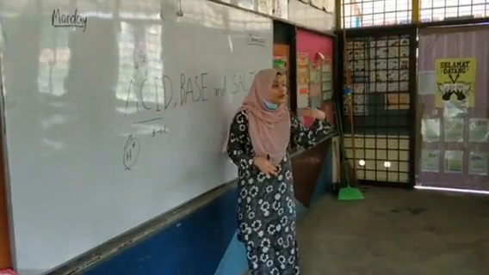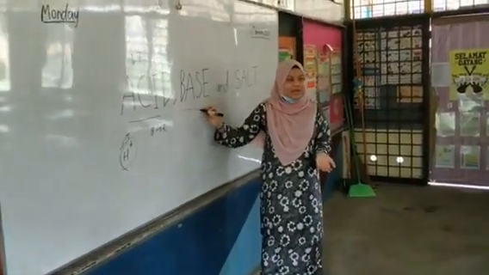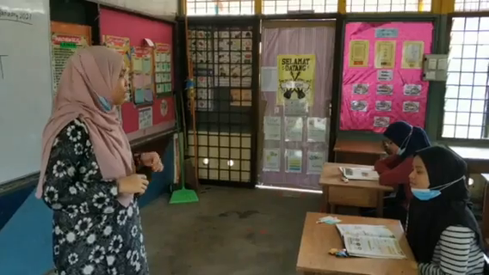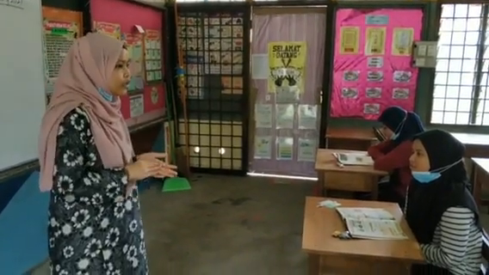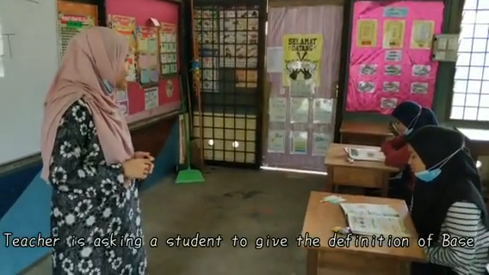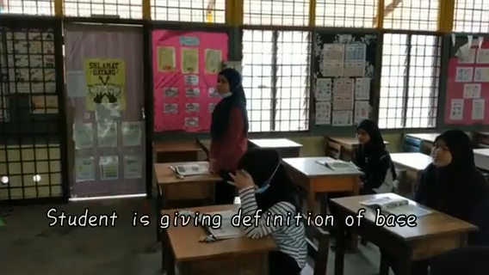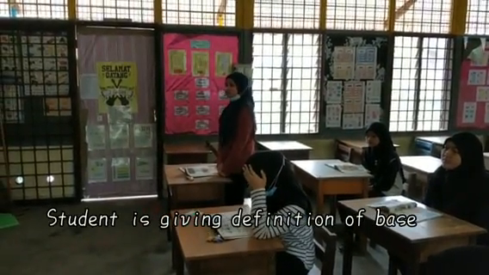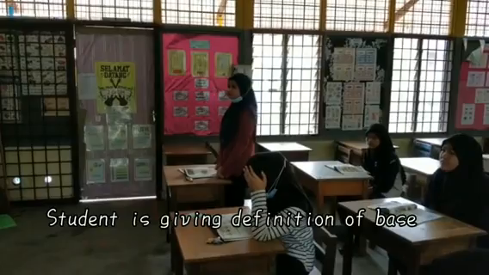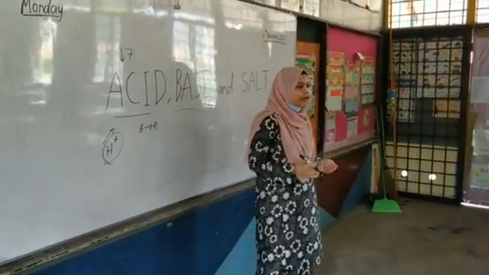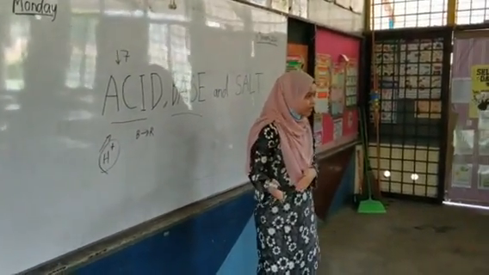Okay, next we will learn about base. Amalie, let me hear your voice. Give the definition of base. A chemical substance that ionizes in water to produce hydroxide ions. Yes, I have mentioned that acid comes with base.